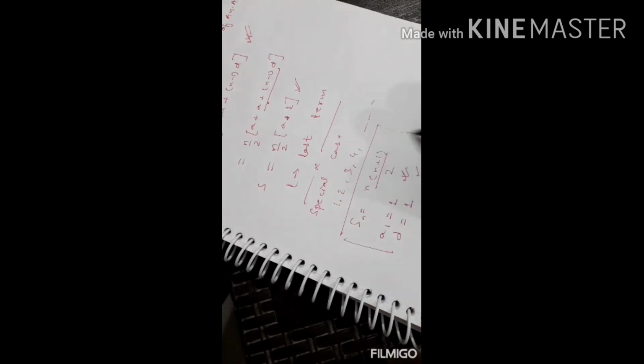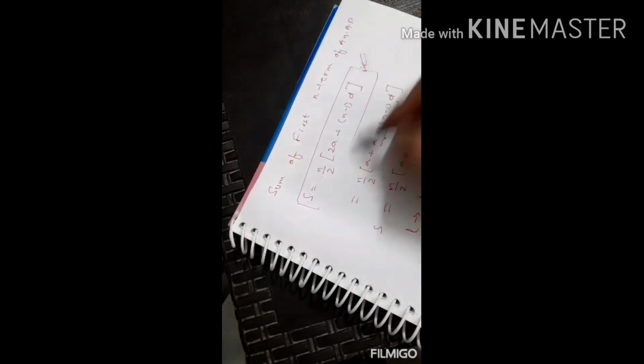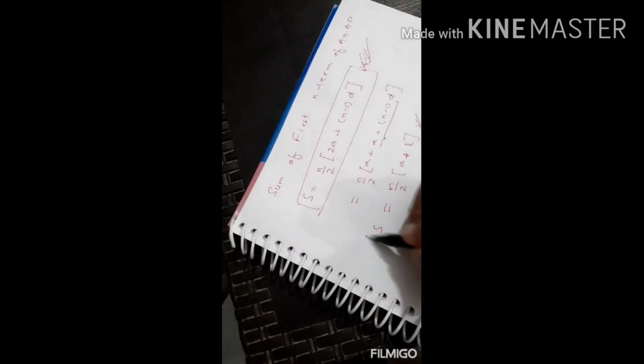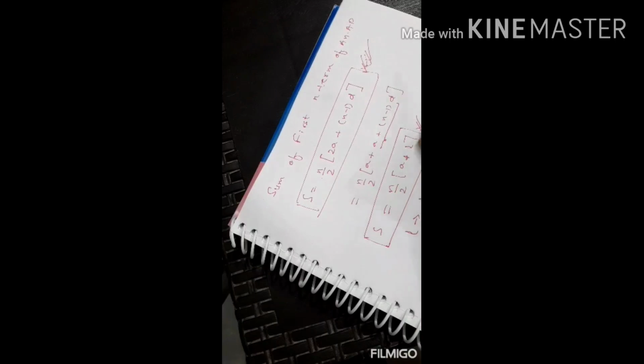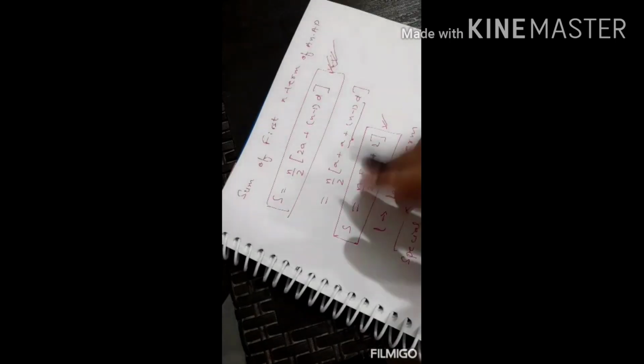This formula is only applicable when the first term is 1 and the common difference is 1. So this is a special formula, and this is the general formula, applied when we know the first term, the last term, and the number of terms.